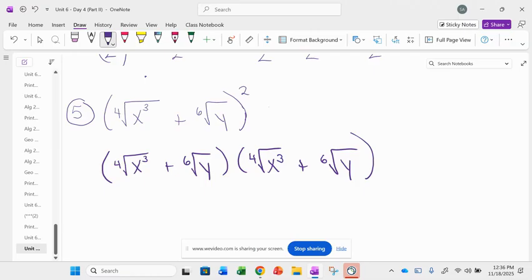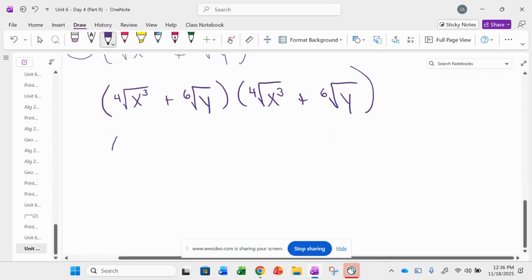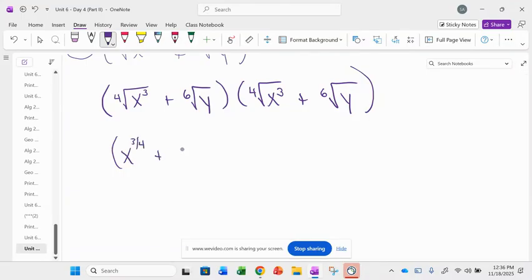No, I can't. So I'm going to have to change this into exponential. So this becomes x to the 3/4 plus y to the 1/6 times x to the 3/4 plus y to the 1/6.